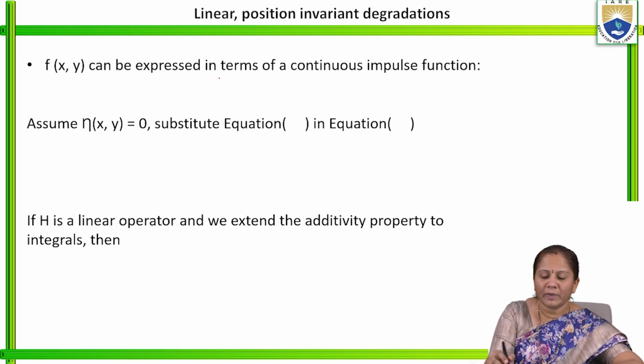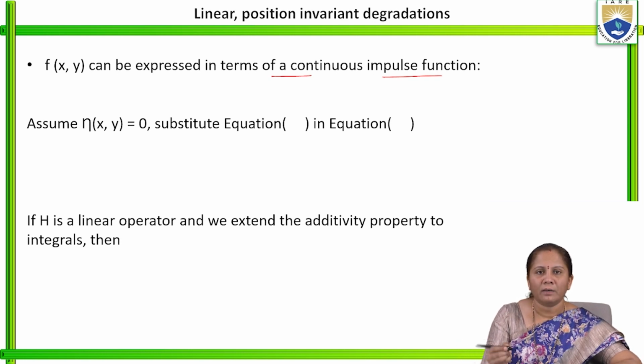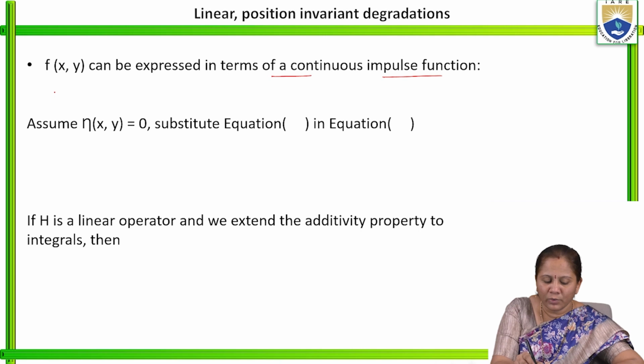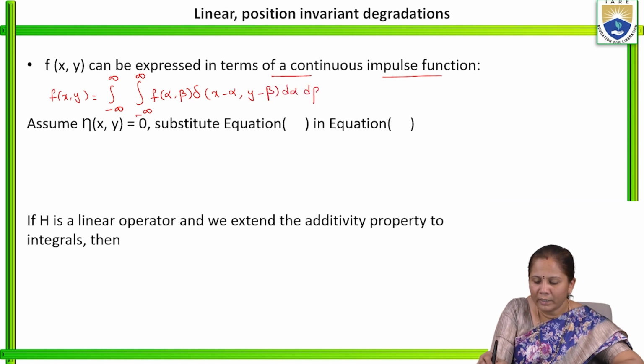Now, f of x comma y can be expressed in terms of a continuous impulse function. Previously we have written f of x comma y. Now how do we represent this f of x comma y in terms of continuous function? Here we can write f of x comma y is equal to integral minus infinity to infinity f of alpha comma beta del x minus alpha comma y minus beta d alpha d beta.